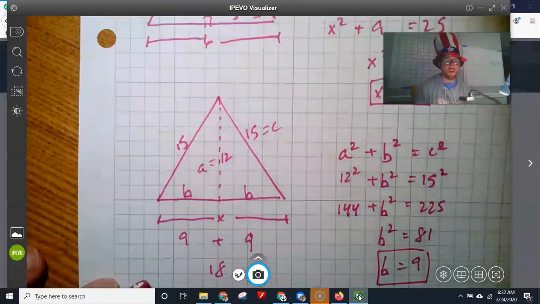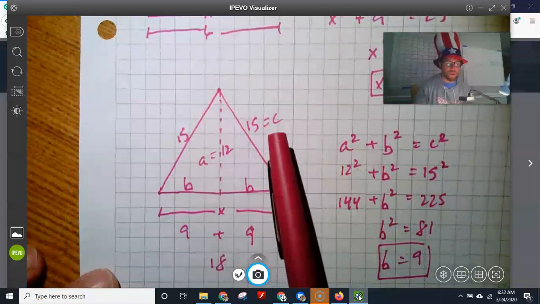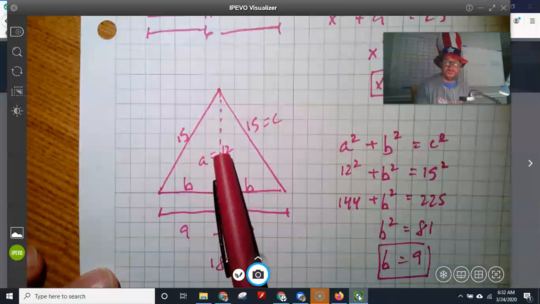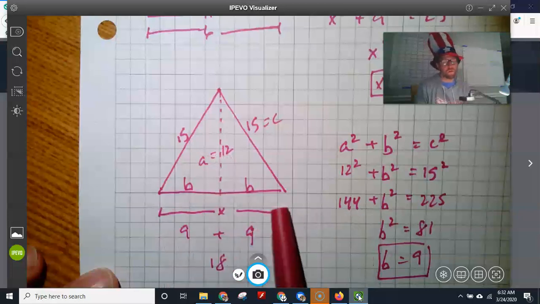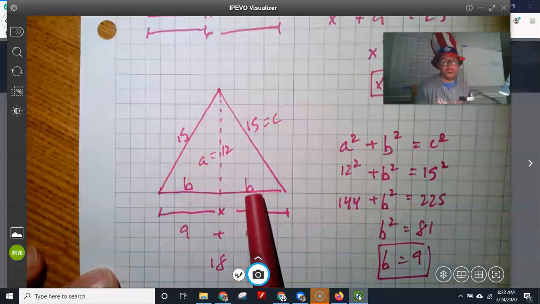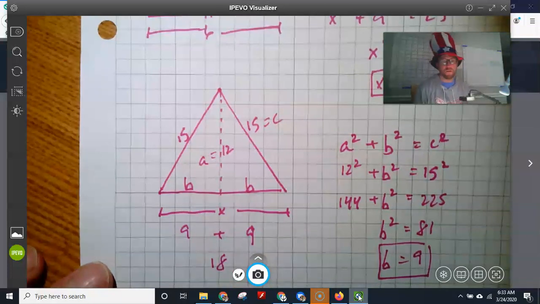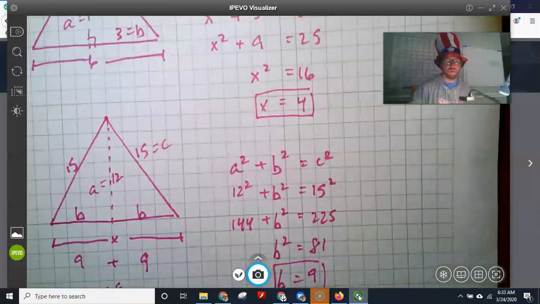And then down here, the one where it's a little bit tricky, we were given the hypotenuse, or this side here, and we're given the height, and we had to solve for the full base all the way across. So once we do our Pythagorean theorem, and we got a 9, we had to remember that it's also a 9 on the other side for a full 18 all the way across. Right? So good luck with these, and yeah.